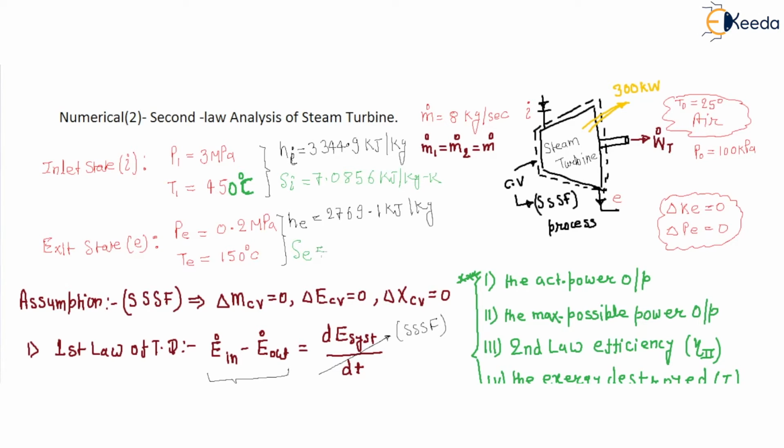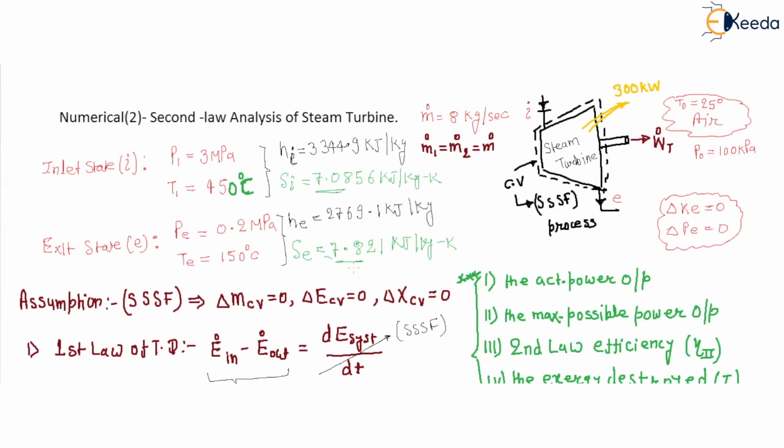This se is 7.821 kilojoule per kg Kelvin. See, this has increased. Why? Because the randomness will increase with expansion in the turbine. If the steam expands, its final entropy will increase. See, from here to here.